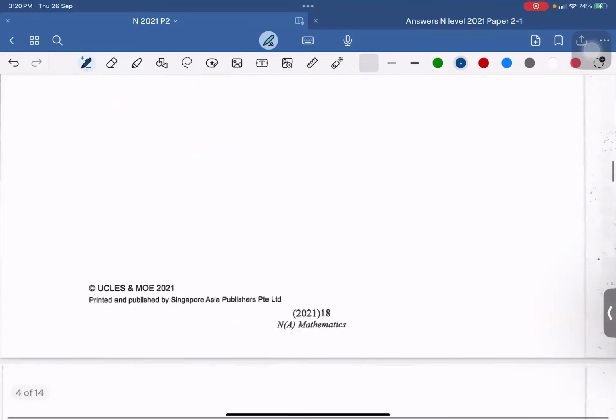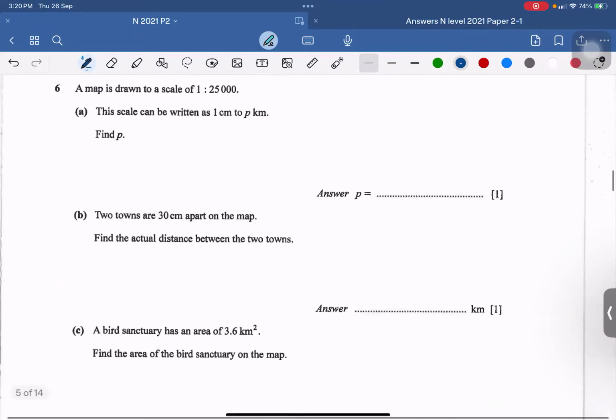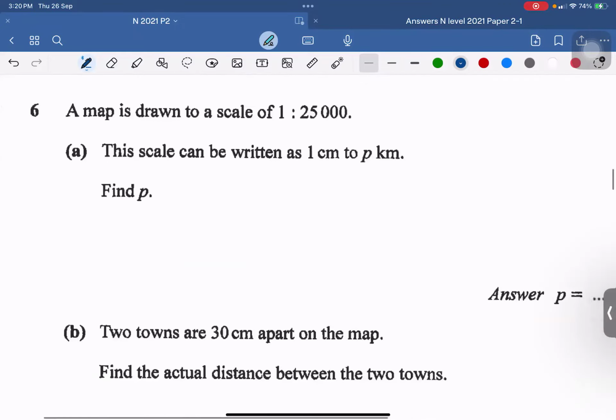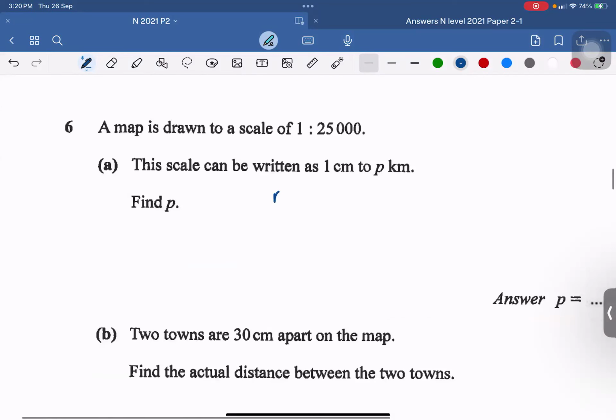Okay, let me continue with this one. Do you need help for this question? Okay, I just quickly go through. So I have map is to actual, 1 is to 25000. When I first start off, there is no unit, so it's cm on both sides.